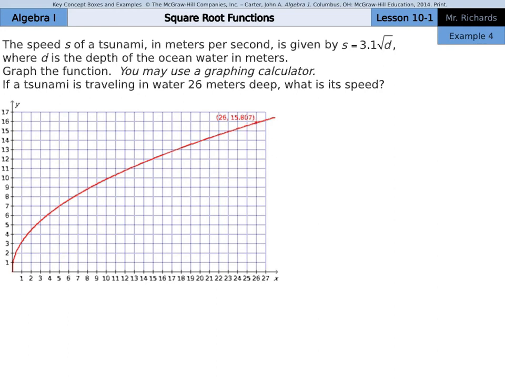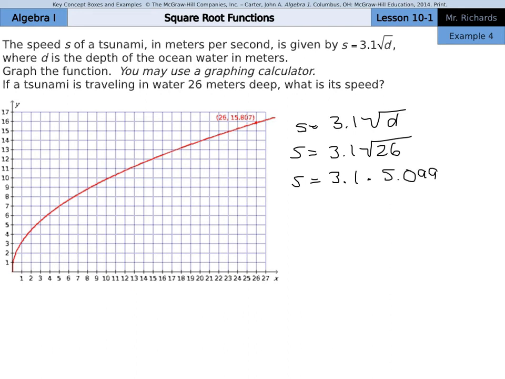Well, we could also look at saying, okay, speed equals 3.1 times the square root of d. And when we put in the 26 meters into the square root, that is about 3.1 times 5.099.